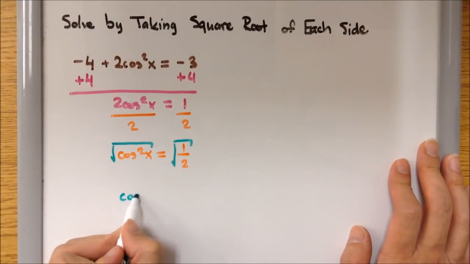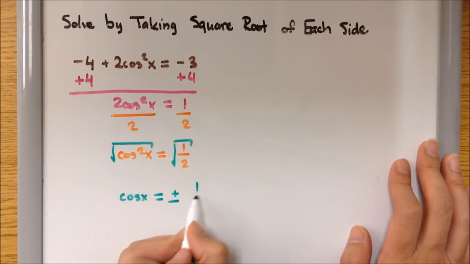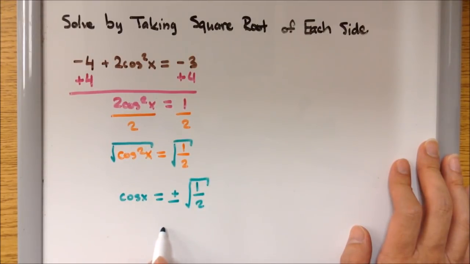We're going to have cosine of x equal plus and minus square root of 1/2, which will become positive or negative 1 over square root of 2.